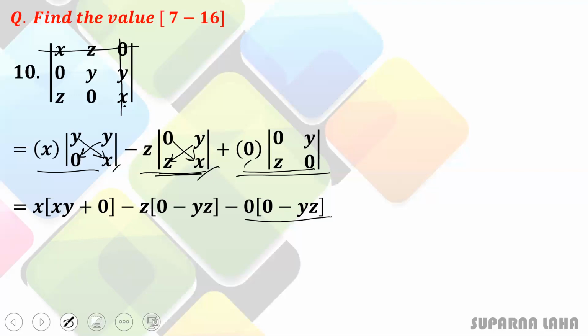You can write this one or omit it, no need to write it. So calculate the first 2 terms: X square Y plus YZ square, since minus minus is plus, so YZ square, and here XY square. So this is the answer.